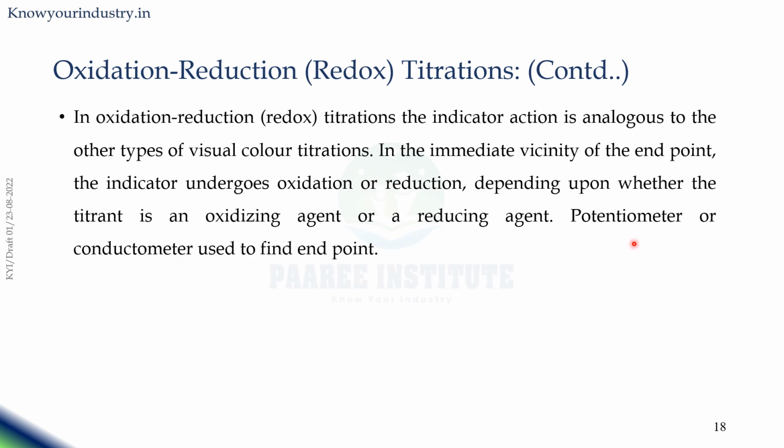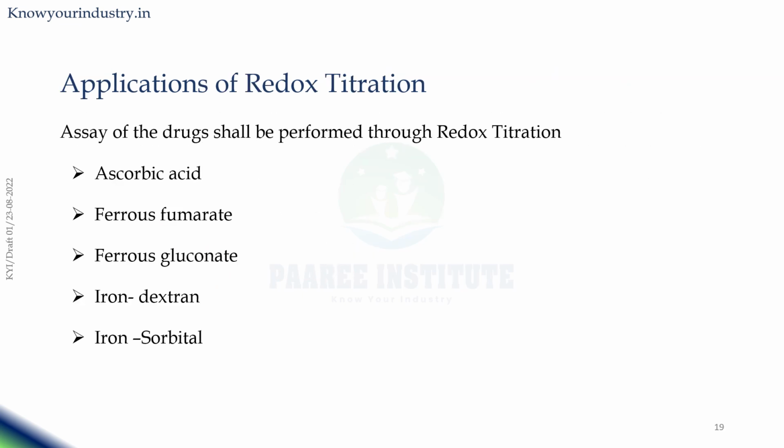Classical examples are a potentiometer or conductometer, which is used to find the endpoint. Redox titrations are widely used in the pharmaceutical industry and other industries, and the applications include the assay of ascorbic acid, ferrous fumarate, ferrous gluconate, and complex compounds like iron dextran and iron sorbitol.